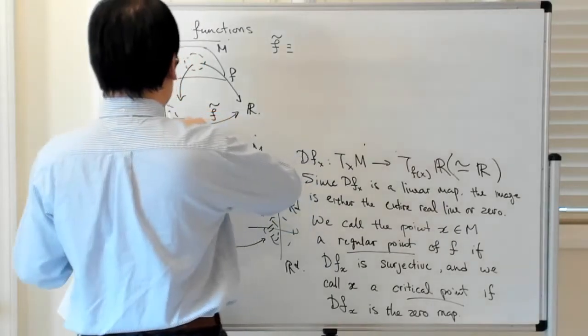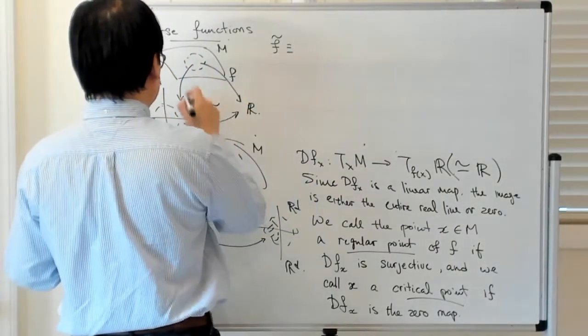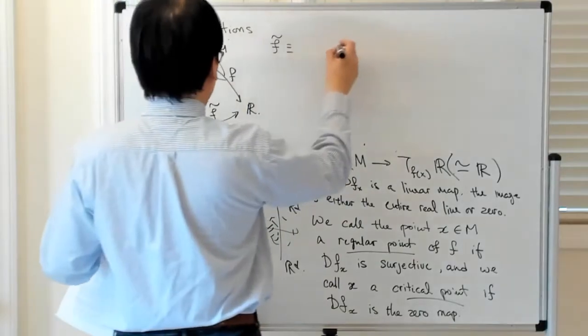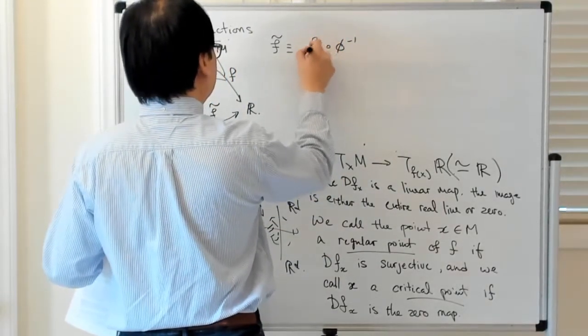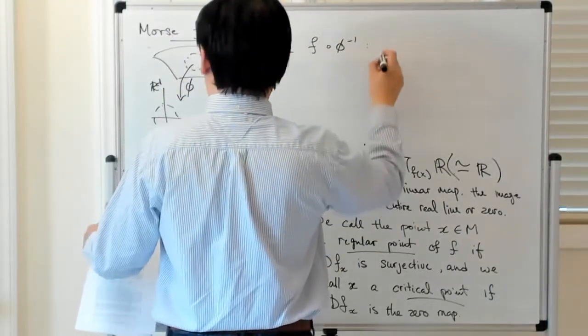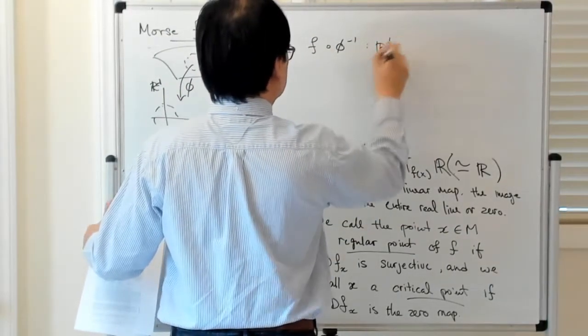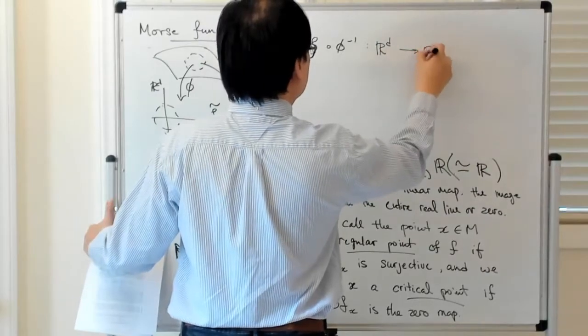What you want, of course, is to go from here to here, so let's label that map. You take the inverse of the coordinate map and compose it with f. Then this is now a map from R^d, or at least some subset of R^d, to the reals.